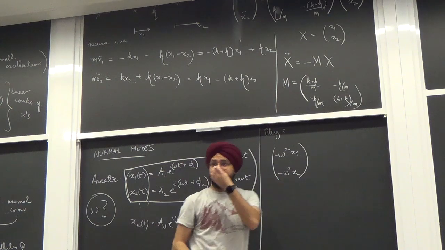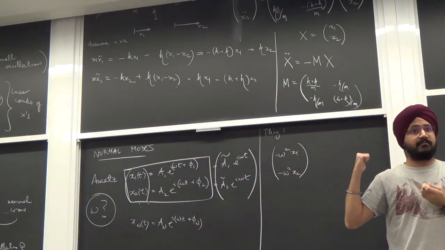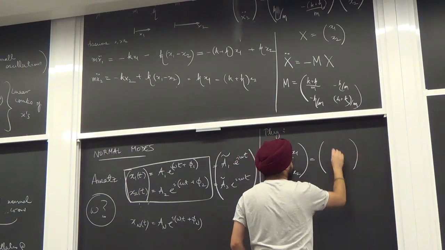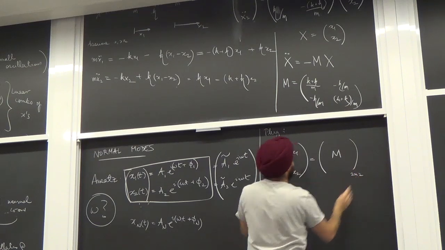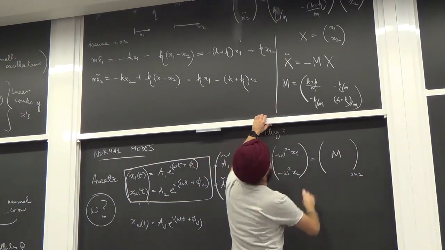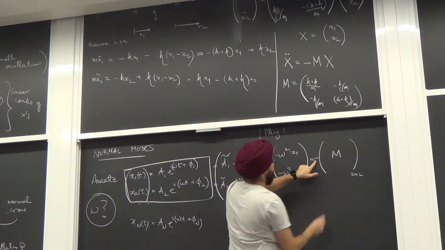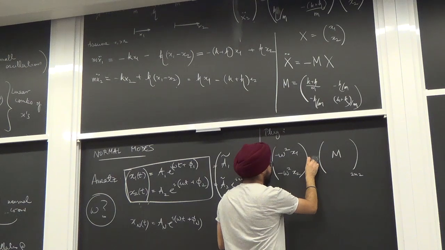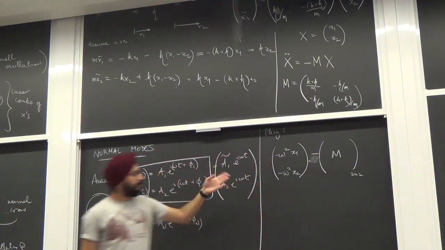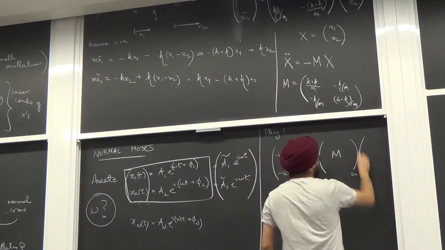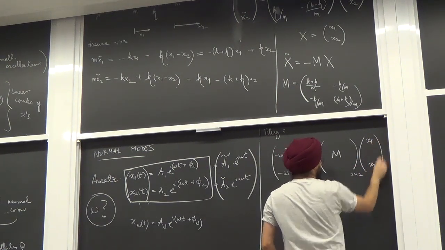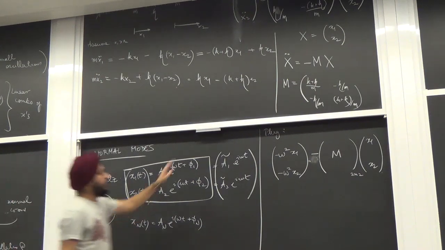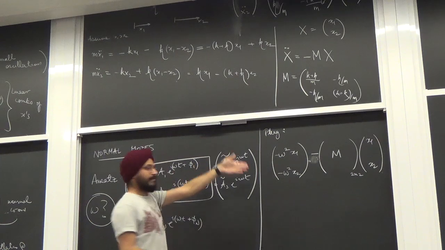This piece is the x double dot. Okay? Equals the matrix M, the 2 by 2 matrix M, the same that we had, so minus M, by convention. And now we'll see why the convention was good. Should write this properly. Equals minus M times x1, x2 again. Is that okay? Let's plug our ansatz again back in and see what happens.